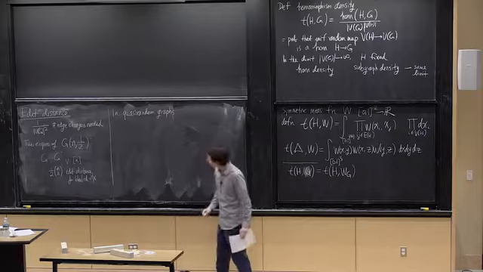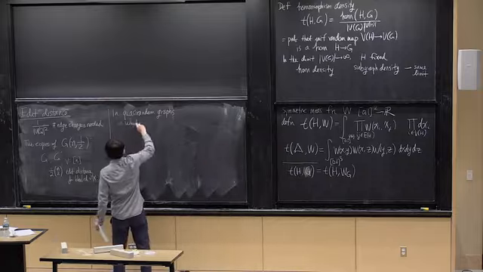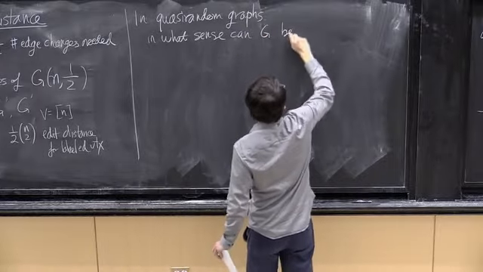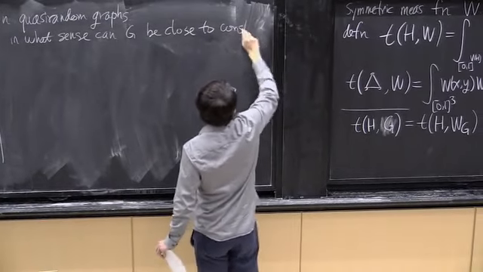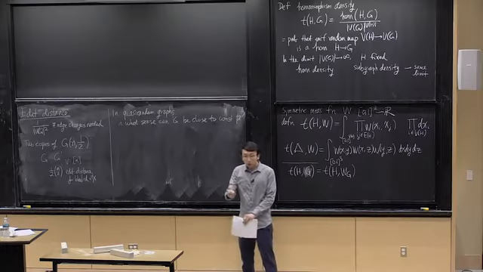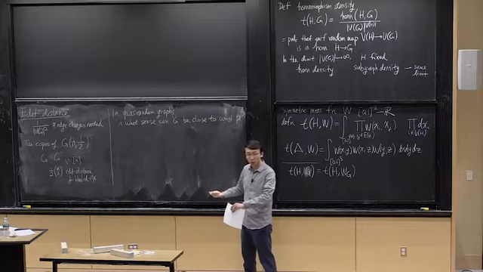In what sense can G be close to a constant, let's say p? This was the Chung-Graham-Wilson theorem that we proved a few lectures ago.